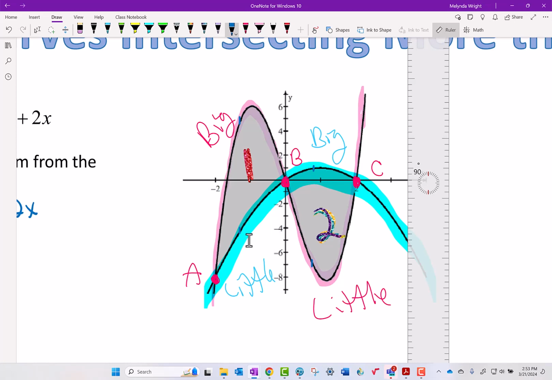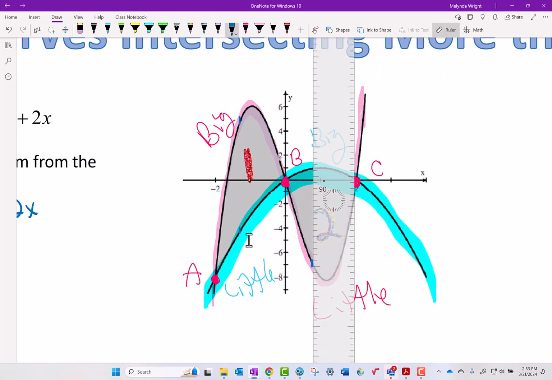Okay. So when we're doing this, as a side, if I go from, let's say, here to here, let's just look at this calculation right here. I just want you to see what we're doing. That would be a y value of 1 minus a y value of -7. So that distance would be 8. I hope you can see by the way that this is structured, we will never have negative area.